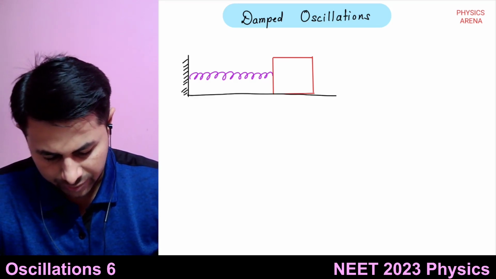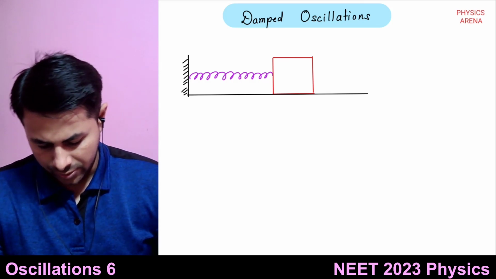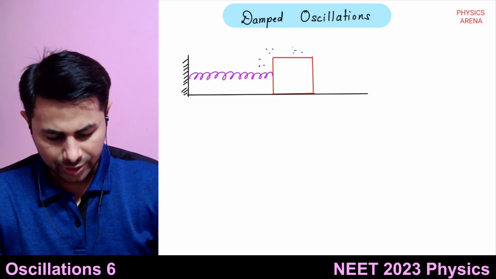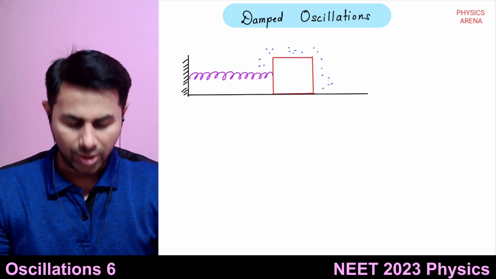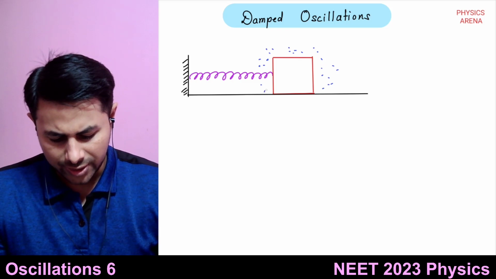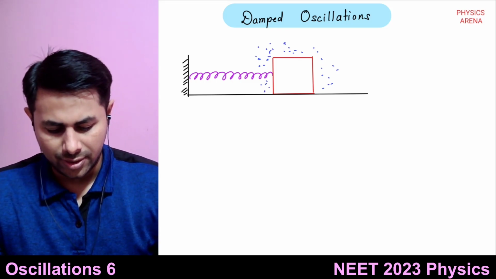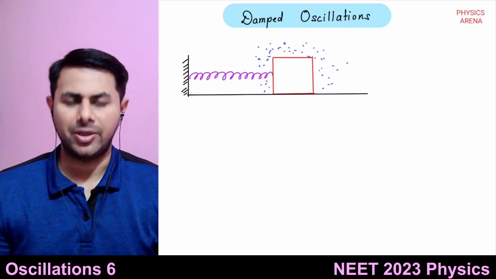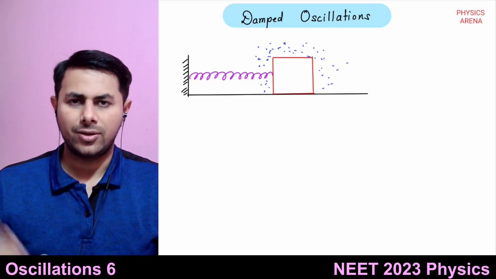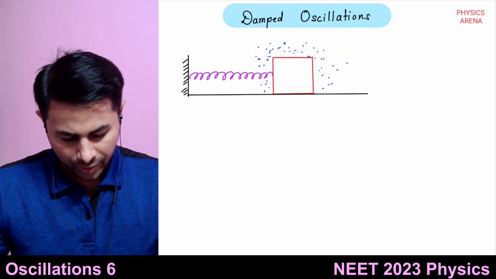So this medium is there which will oppose the motion of the block through the medium, and this will cause damping. So see what are all the forces that we have.